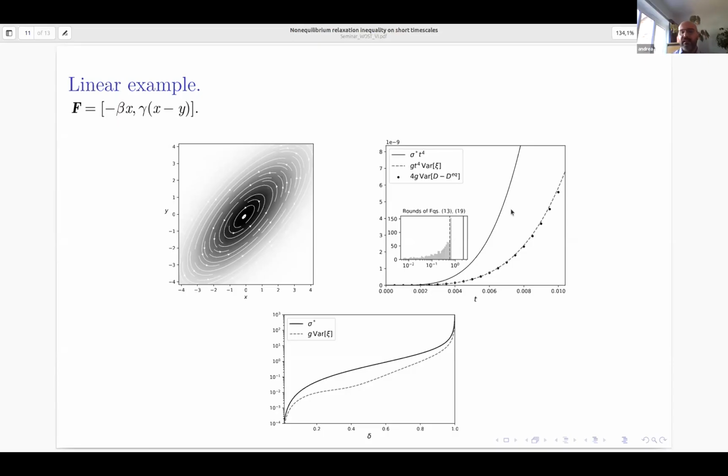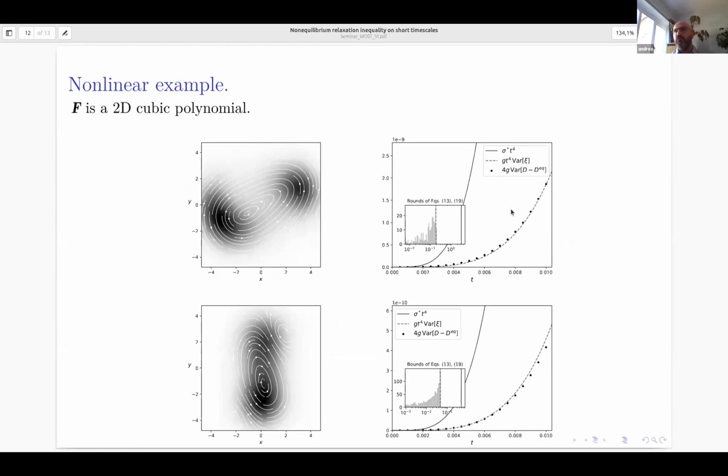For nonlinear cases, we can only do it numerically, one sample at a time. Here I have considered two possible samples of random distributions, coming from a 2D cubic polynomial. We see that these are sufficiently nonlinear, away from the linear case, and the machinery still works.